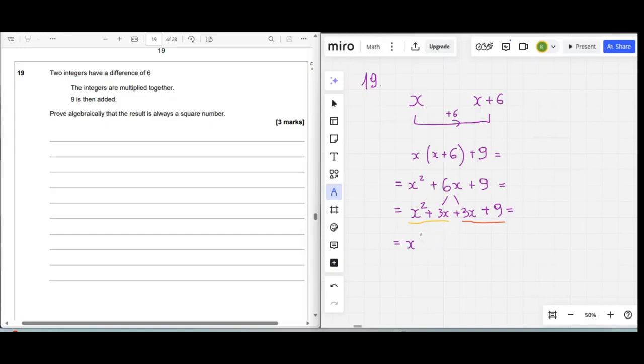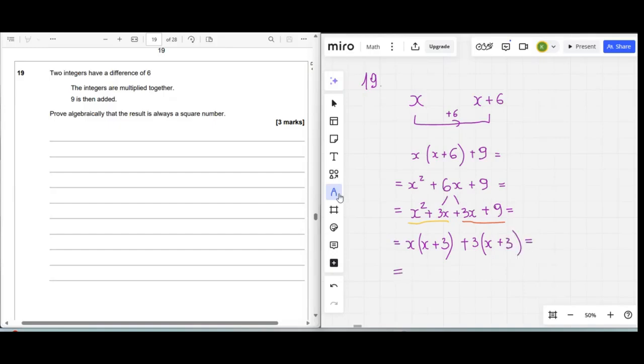Yes. We can factorize this, leaving x from the first term, x squared divided by x is x, plus 3, because 3x divided by x is 3. And that's from the first pair, plus now another pair, 3x plus 9. The common factor will be 3. And again, 3x divided by 3 leaves x, plus 9 divided by 3 is 3.